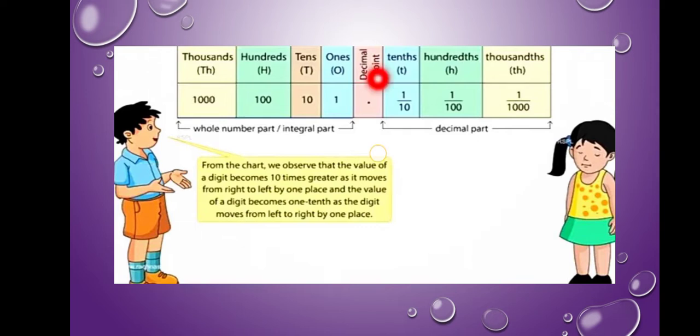Here it was ones and then tens, then 100, 1000, so on. So it becomes 10 times greater as it moves from right to left by one place, and the value becomes 1/10 as it moves from left to right by one place.